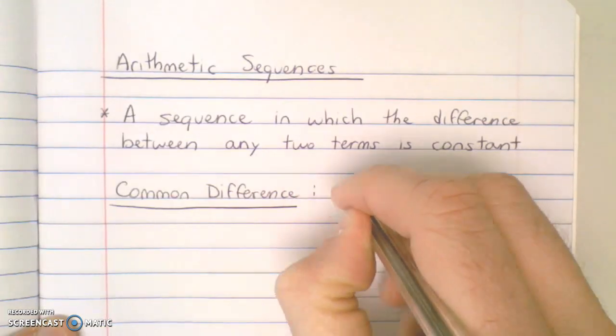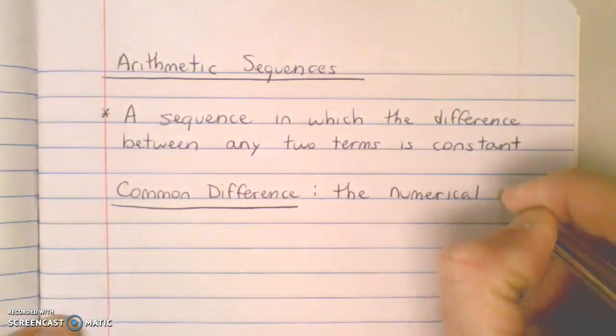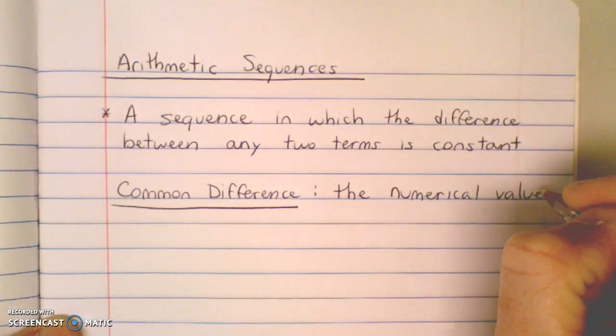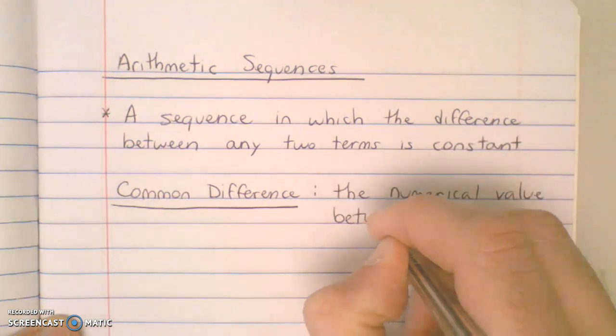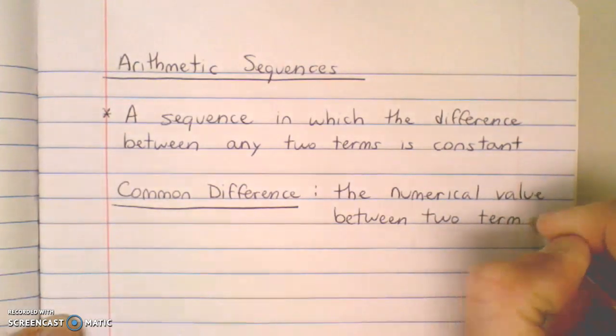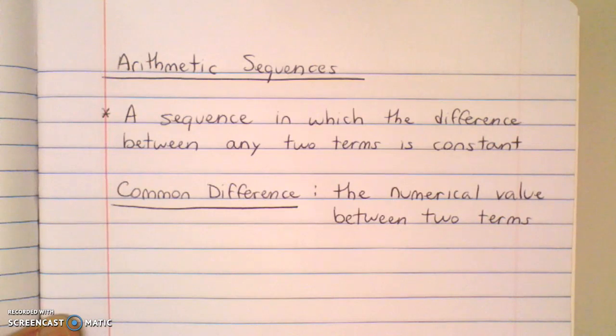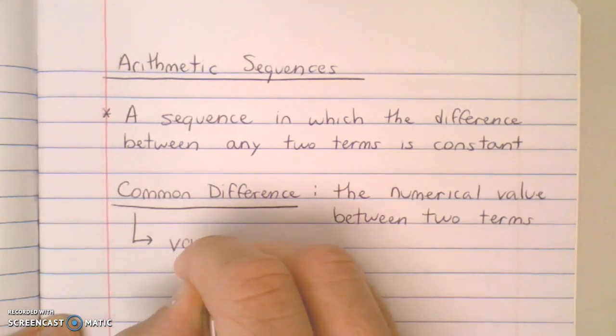And that's the numerical value between two terms. For the common difference, we use the variable d to represent the common difference.